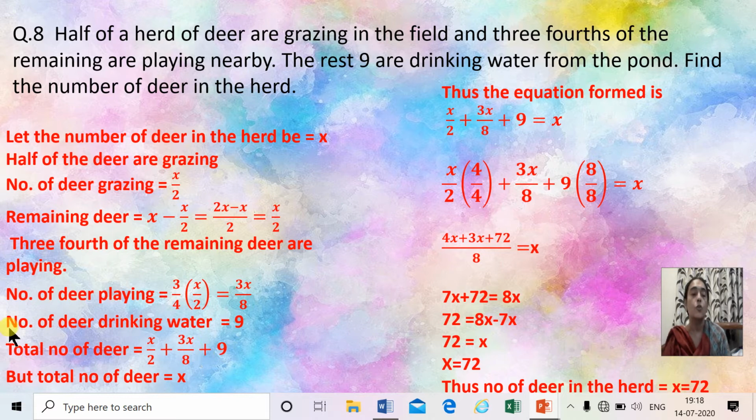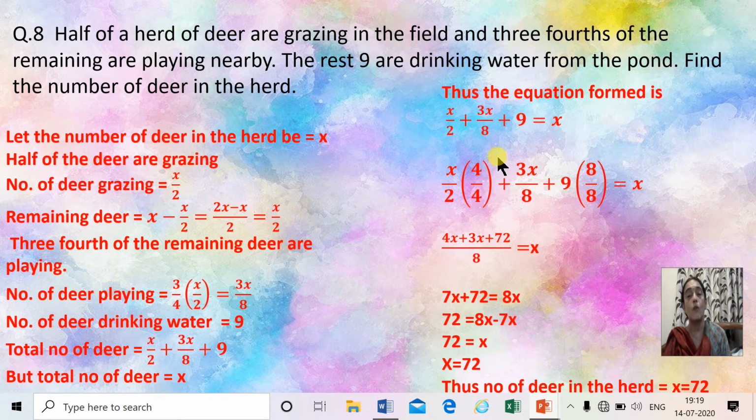So the total number of deer is equal to x upon 2 plus 3x upon 8 plus 9. But we have assumed that the total number of deer is equal to x. So the equation formed will be x upon 2, the number of deer grazing, plus the number of deer playing plus the number of deer drinking water, which is equal to x.